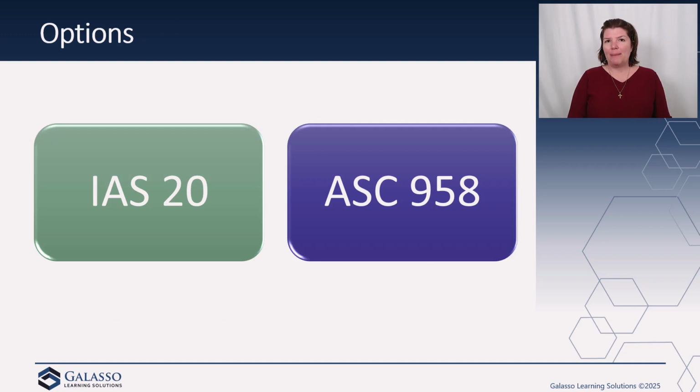So when we think about the codification, we have 958-605, which is for contributions received for our not-for-profit organizations. And that actually was just updated prior to COVID.